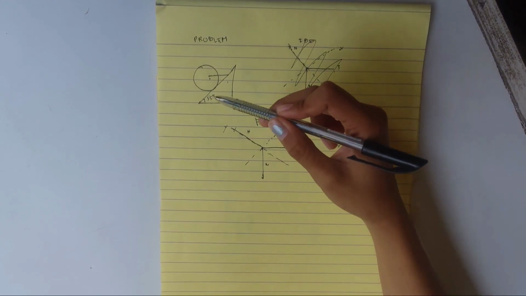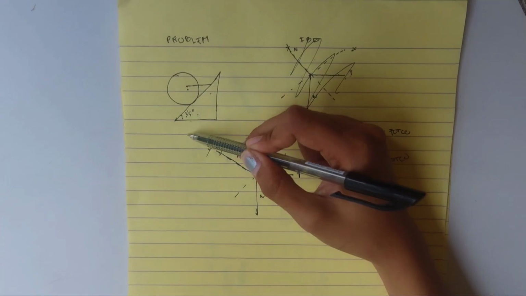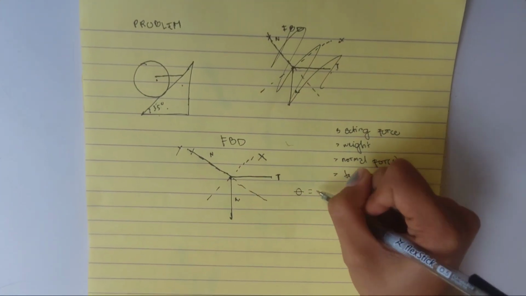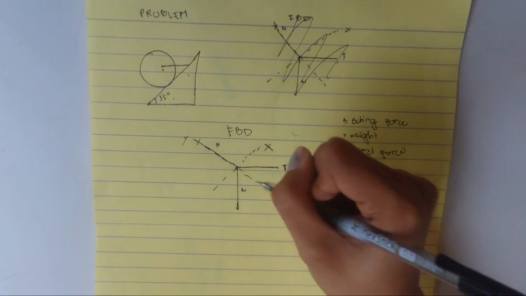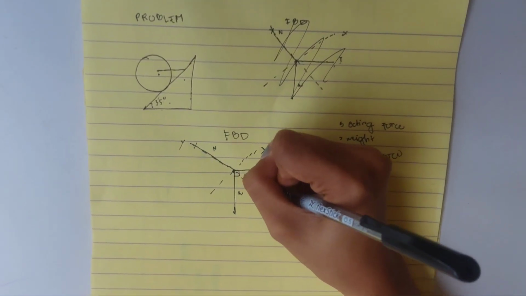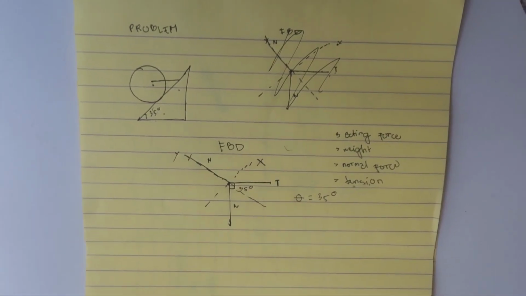They're actually the same angle as the one that we are given, the 35 degrees. So theta is equal to 35 degrees, which is in here. So that is our free body diagram.